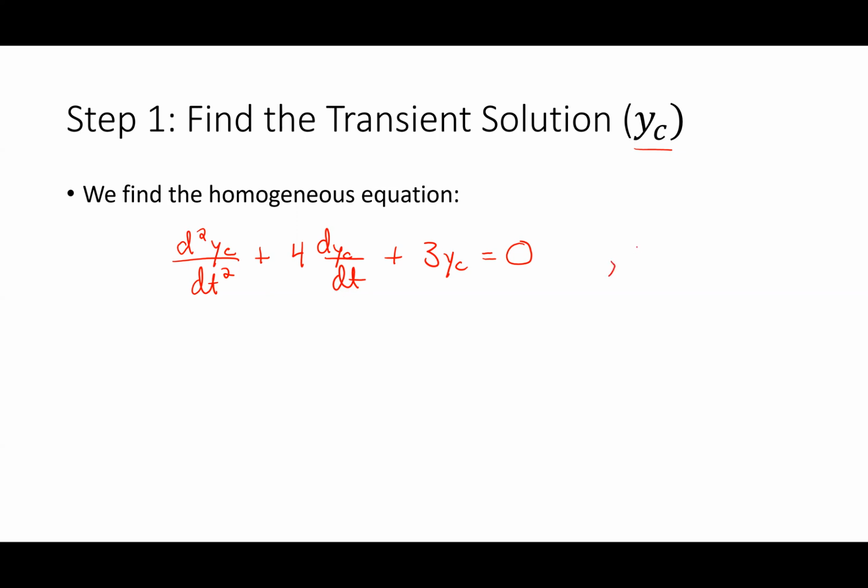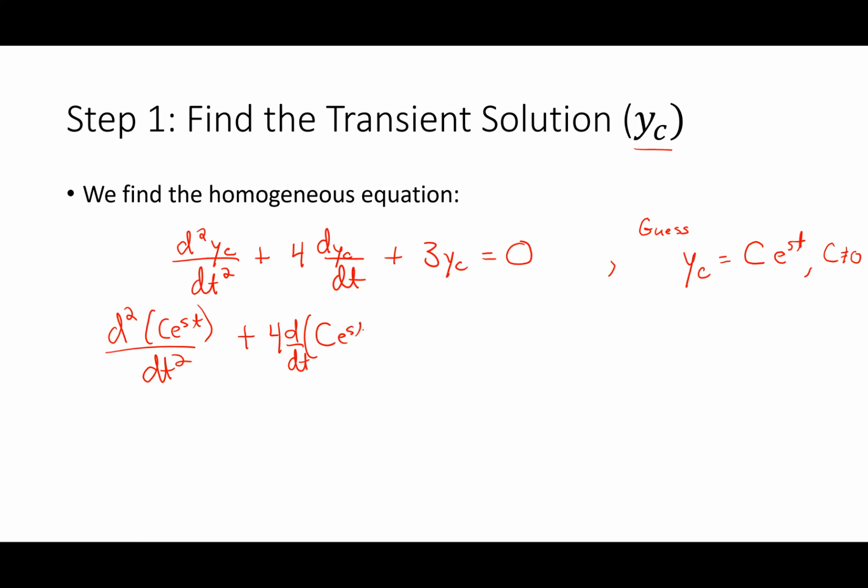Our approach is always to guess a solution, and the solution we guess is y sub c equals c e to the st, with c not equal to 0. I plug that in everywhere: the second derivative of c e to the st, plus 4 times the derivative of c e to the st, plus 3 times c e to the st. Taking the second derivative of e to the st gives an s squared.